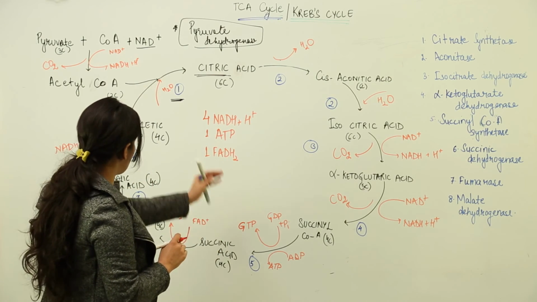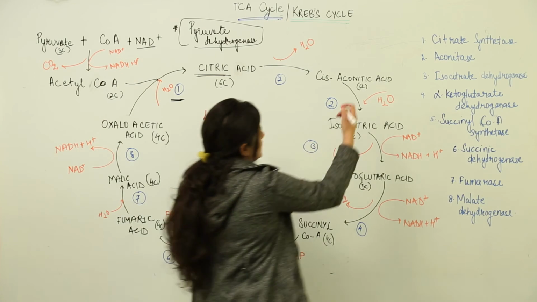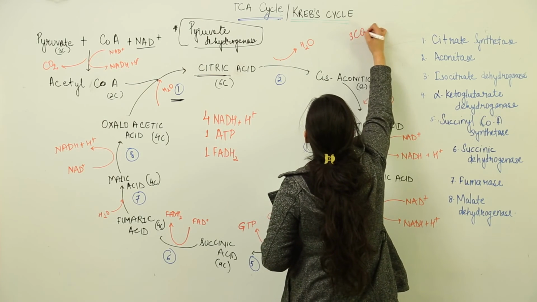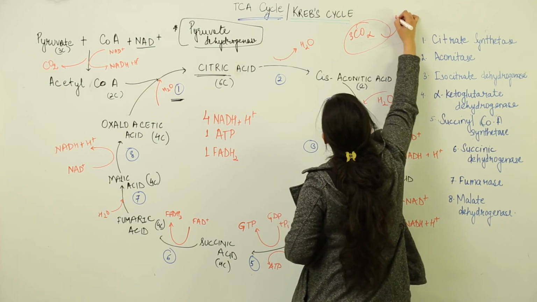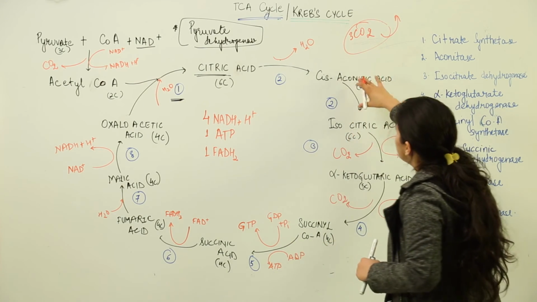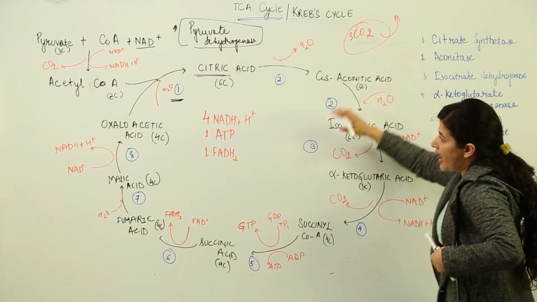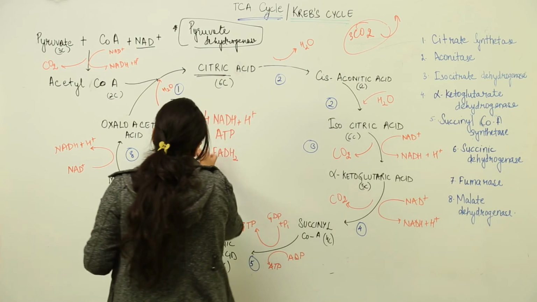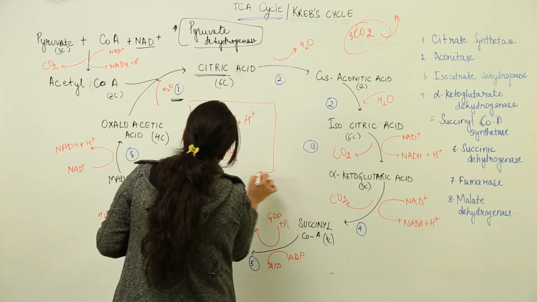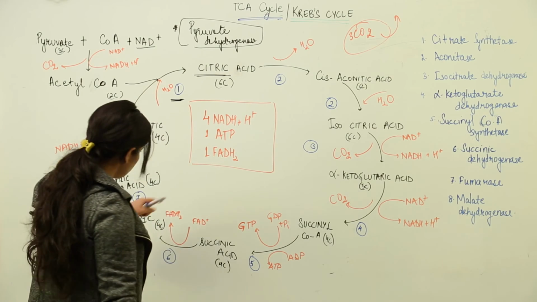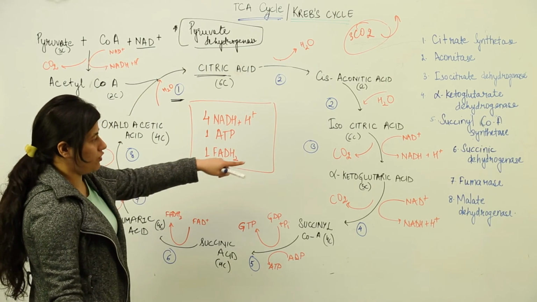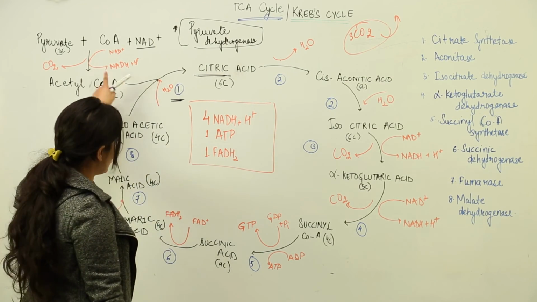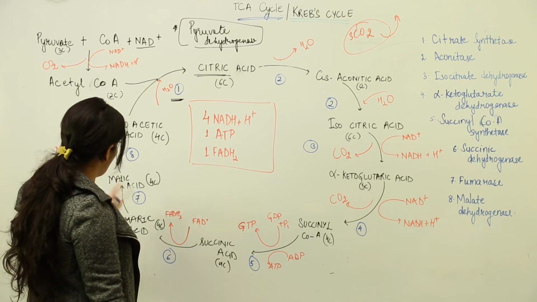This is the complete outcome, and what has been released? 3 molecules of CO2 have been released, which would be gaseous. We don't know where it goes. It could be used anywhere. So 3 molecules of CO2 are being released, and this is the complete outcome that we obtained when 1 pyruvate gets rid of its carbon dioxide.